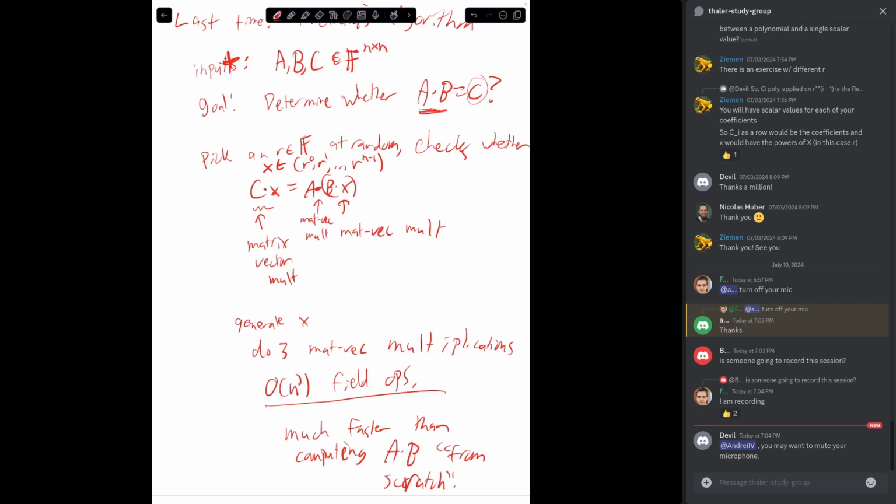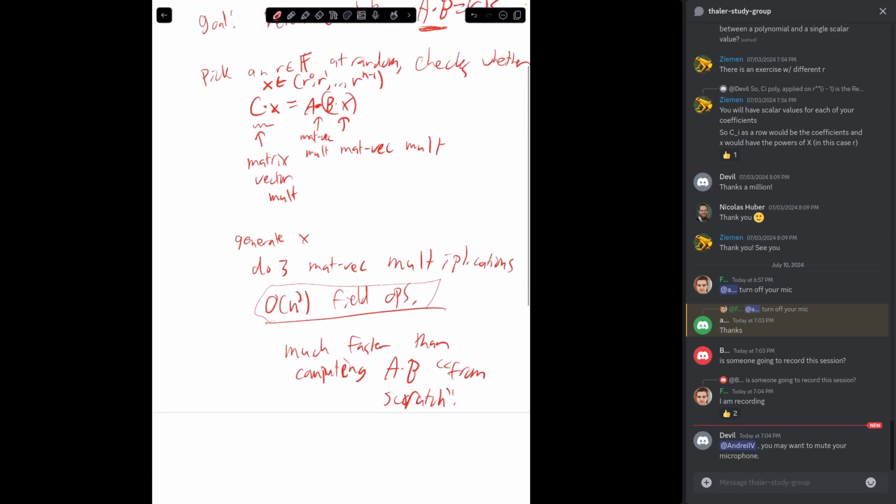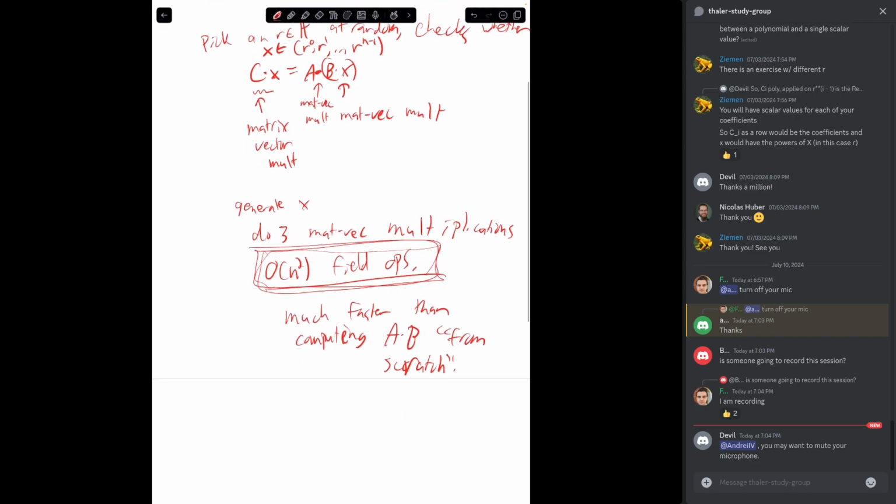And the fastest known algorithms for that take way more than n squared field operations. But if an untrusted prover provides a matrix which is claimed to be A times B, and the algorithm merely needs to check whether the claim is accurate or not, you can do it with just n squared field operations. So much faster than if there was no prover.